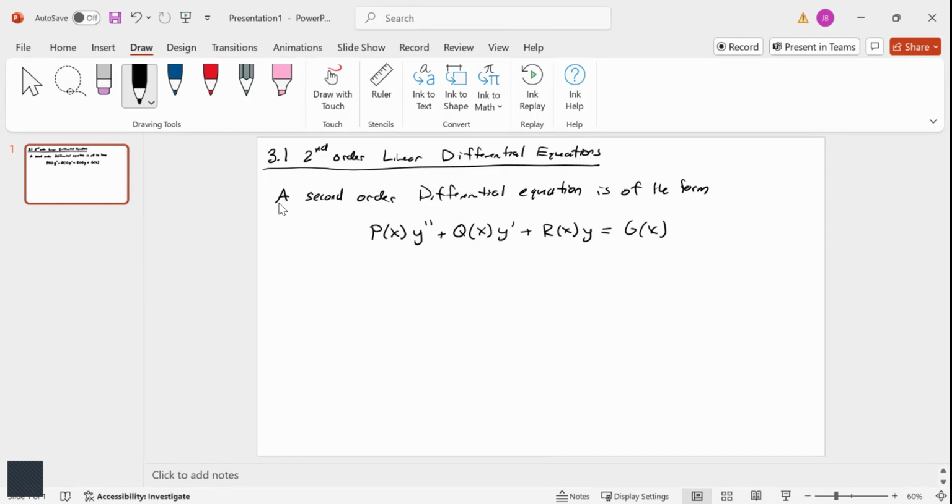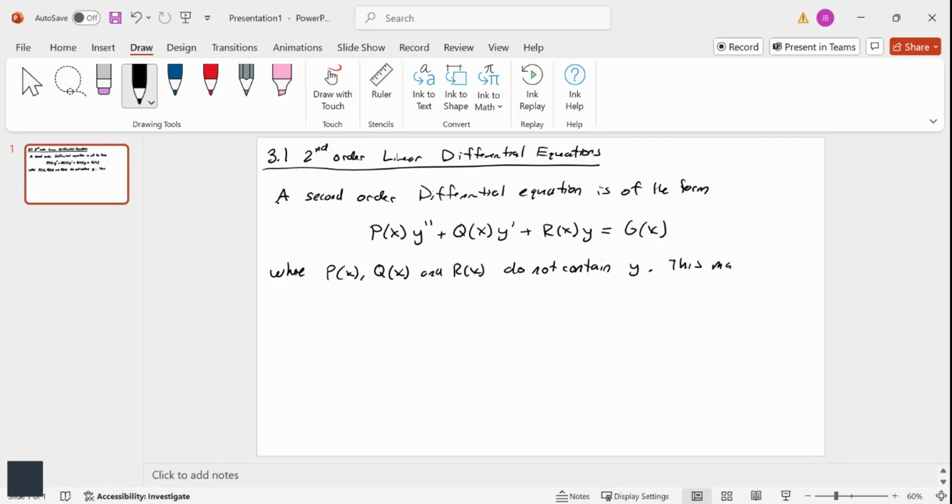This is just any second order differential equation where p of x, q of x, r of x are just coefficients and they can be any function except they cannot contain y. Otherwise, it would not be linear, and that's the thing that we want to focus on.